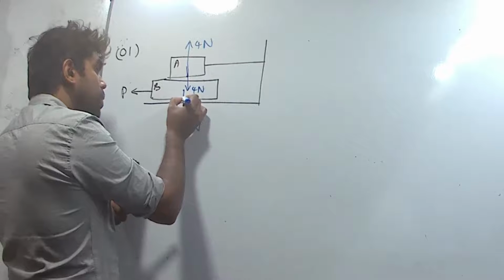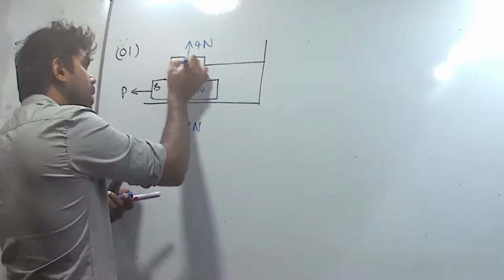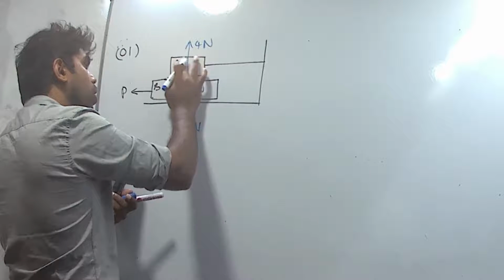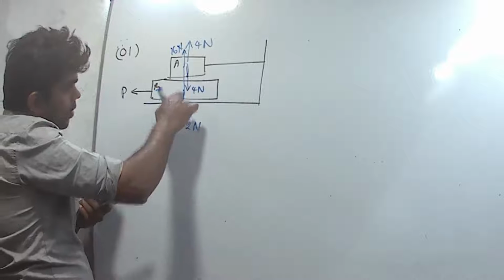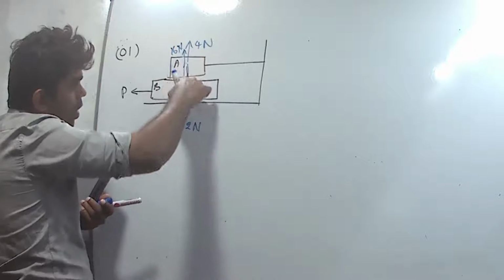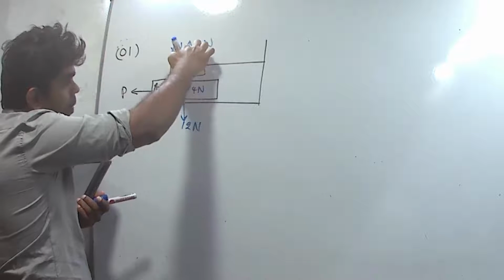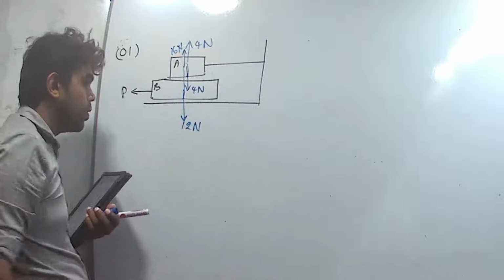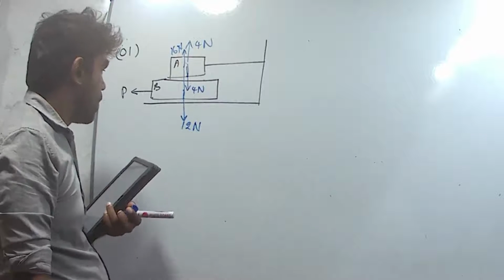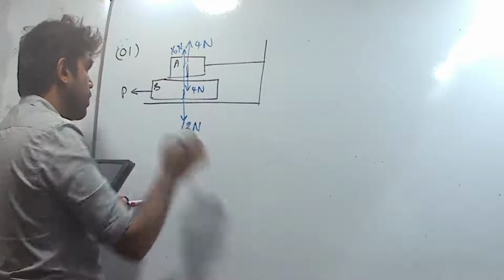Then the reaction from this point is 16 Newton, because the reaction is equal to the sum of all forces, the sum of 4 Newton and 12 Newton. It is acting on this point.